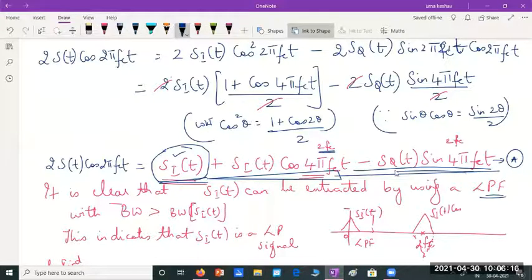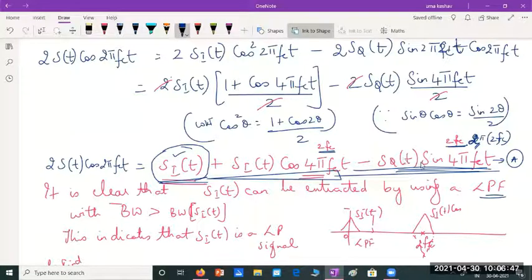And in the third part, the quadrature component is also shifted to 2fc because it is multiplied with sin 4 pi fct. 4 pi fc means it is 2 pi into 2fc, so sin 2 pi into 2fc means 4 pi fc. This is how these two terms are shifted to high frequencies.